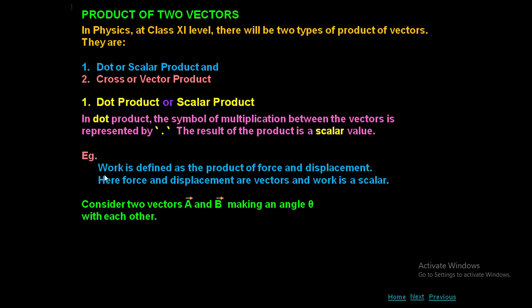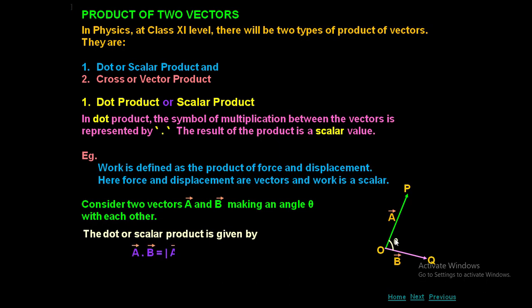Consider two vectors A bar and B bar making an angle theta with each other. Now here you can see OP is A bar and OQ is B bar. Both are separated by an angle theta with respect to one another. The dot or scalar product is given by A bar dot B bar.